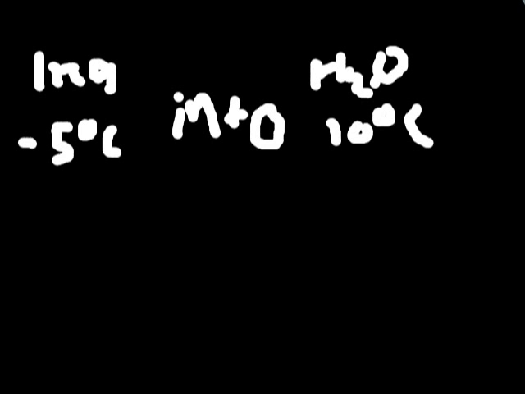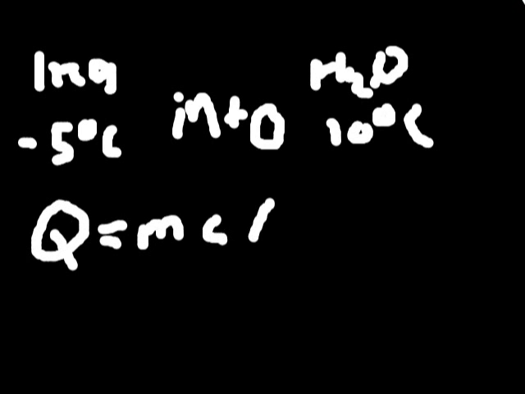Well, first, there are 2 phase changes. You know the melting of the ice into water happens at the melting point, because the freezing point of water is 0 degrees Celsius, so that's when the first phase change will happen. So the first equation we're going to use is Q equals mc delta T, and this is to 0 degrees Celsius.